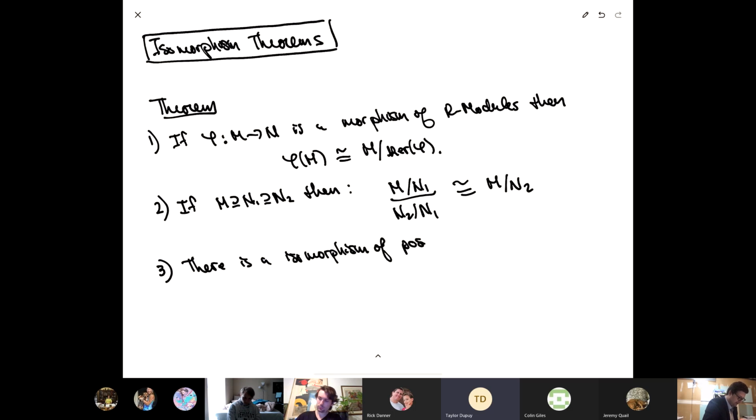Of partially ordered sets. So here we need to fix M, N, an R module and an R submodule.